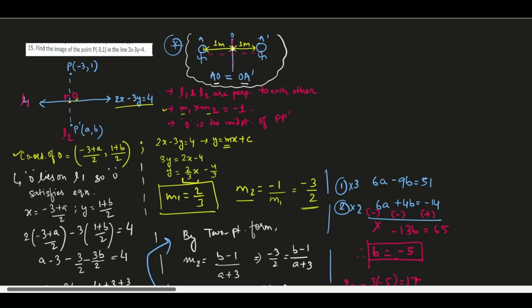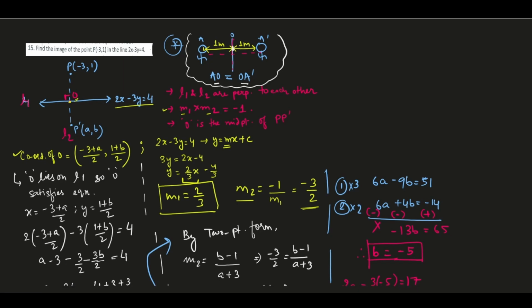तो यही इंफॉर्मेशन लेके हम लोग आगे बढ़े. हम लोगों ने लाइन L1 पे जो पॉइंट आ रहा है O, उसको मिड पॉइंट समझ के उसका मिड पॉइंट फॉर्मूला कैलकुलेट किया, क्योंकि O लाई कर रहा है ऑन लाइन L1.